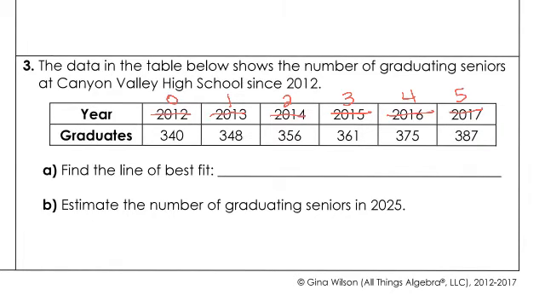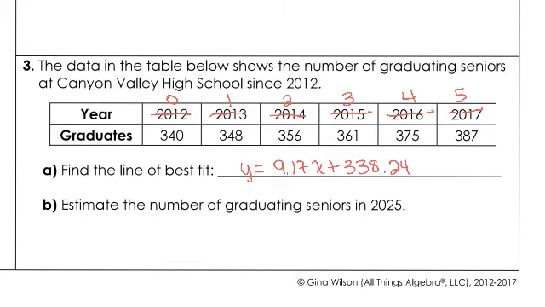So the next thing you're going to do is hit Stat, arrow over to Calc, hit number 4, or just arrow down to number 4, and then enter, enter, enter, enter, till you get down to Calculate, hit Enter again, and then your Y equals AX plus B. So I'm going to write that in here, Y equals, and your A, I'm going to round to the nearest hundredth, is 917x plus 338.24. And I'm rounding up that hundredth place because the thousandth place is an 8, so the 3 rounds up to a 4.